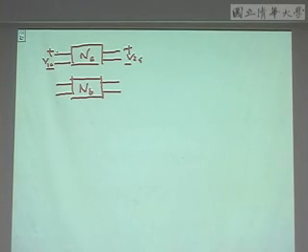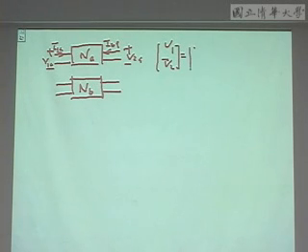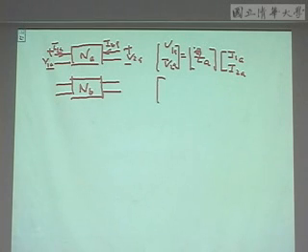So for 2 port A, we have V1A and V2A, and of course I1A and I2A. So we have V1, V2, let's just call it VA... equal to ZA times I1, I2. But there is subscript A. Similarly, we have another 2 port.